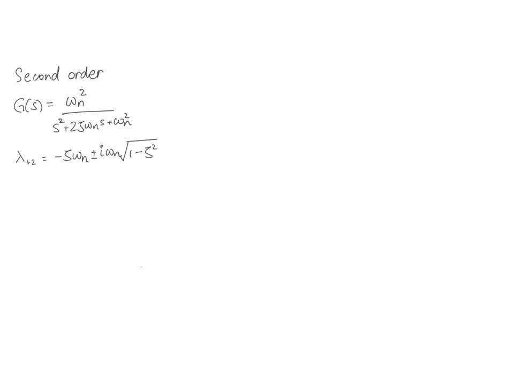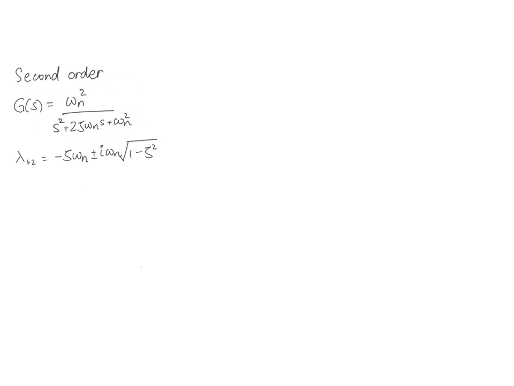This is the standard second order form. Hopefully this is very familiar by now. So the transfer function, or maybe a term in the partial fraction expansion of a transfer function, either one, looks something like this: omega n squared over s squared plus 2 zeta omega n times s plus omega n squared. That's the standard form.